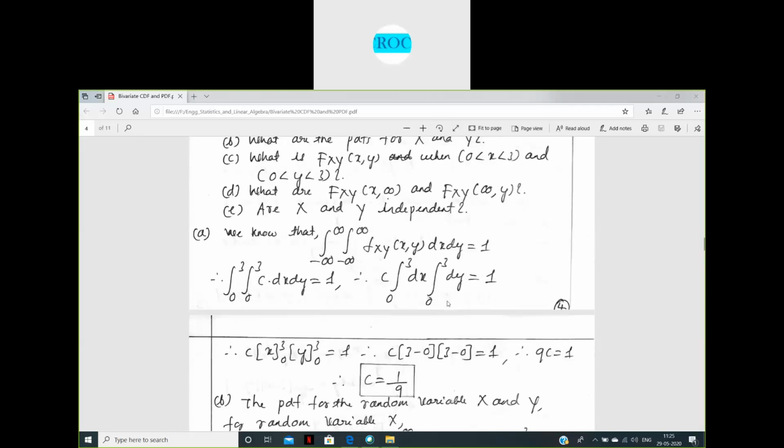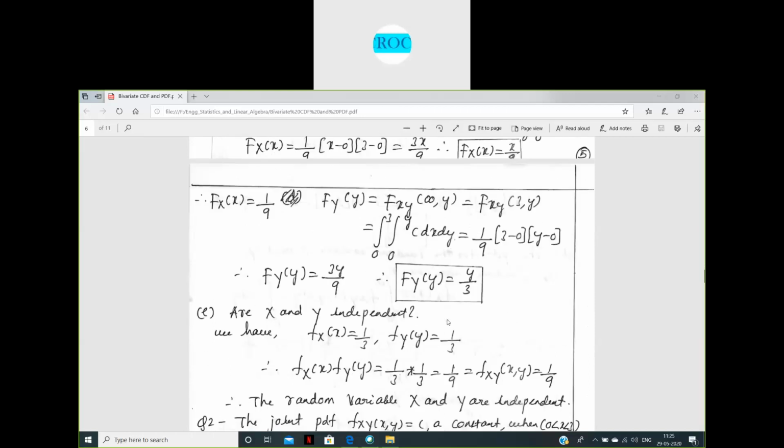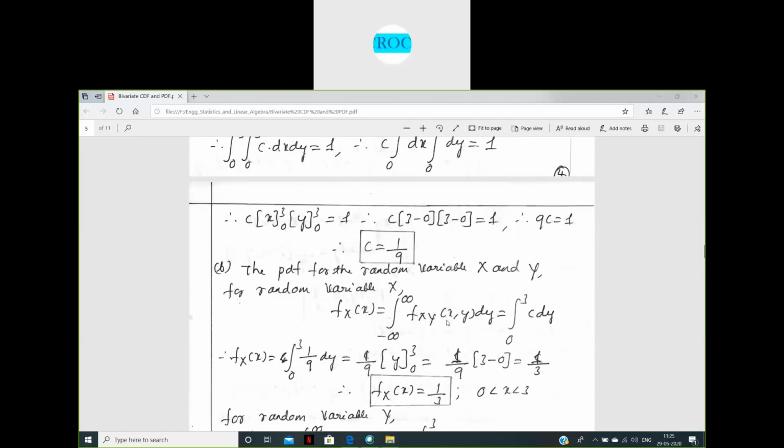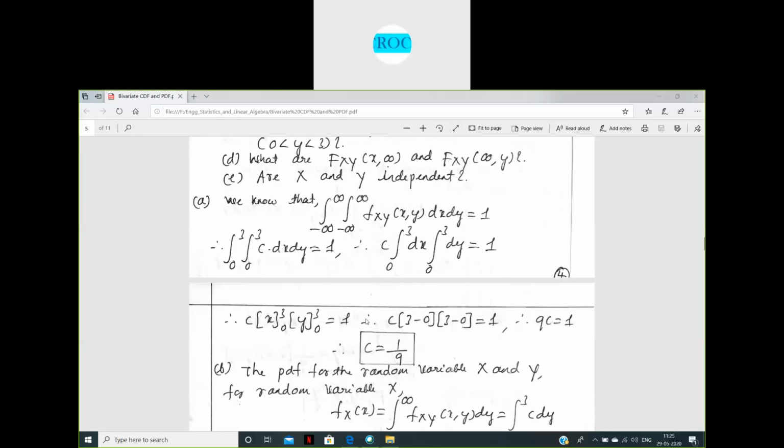We need to calculate F_X(x) and F_Y(y), and also justify whether the random variables X and Y are independent. How do you do that?